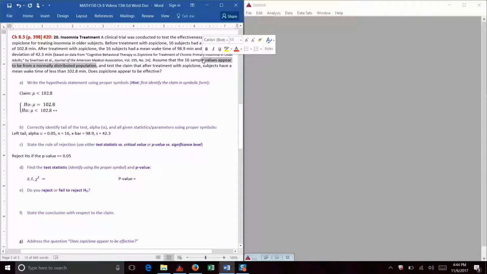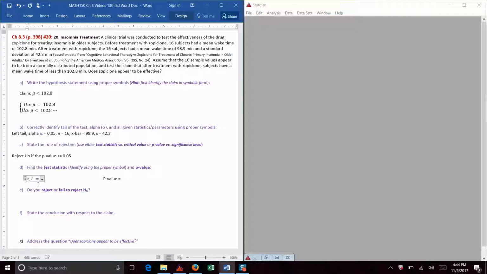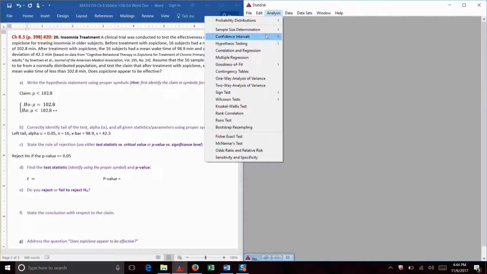If we didn't have that, we would be done here. Now, since we're working with the mean, that's going to be either Z or T, and whether it's Z or T is going to be driven by which standard deviation we're using. Since we're using the sample standard deviation, we're going to be using T.